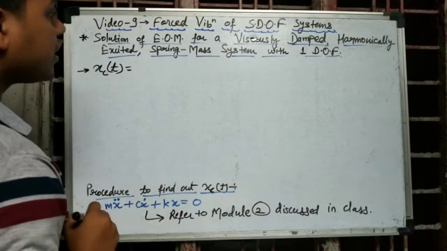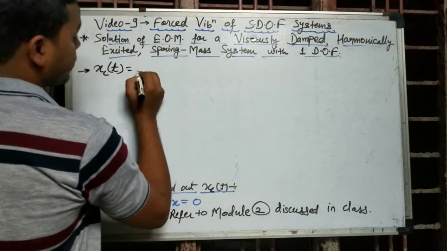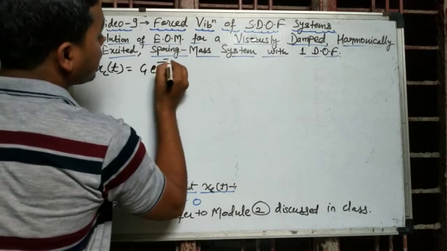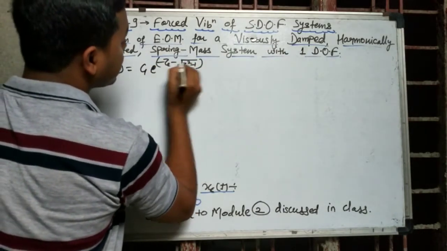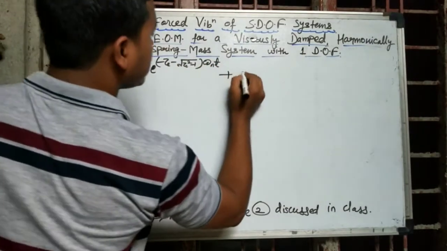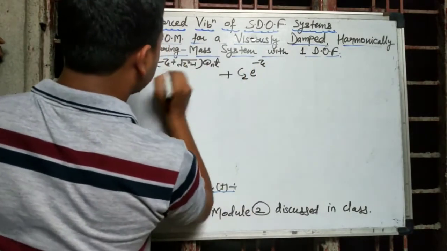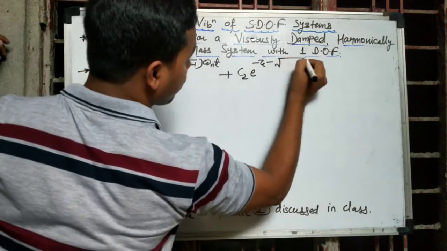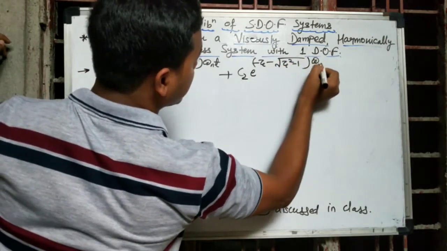And this will have 3 formulae. The x_c(t) will be c1 e to the power minus zeta plus square root of zeta square minus 1 into omega n t, plus c2 into e to the power minus zeta minus square root of zeta square minus 1 into omega n t.